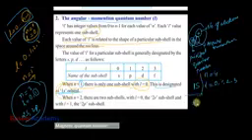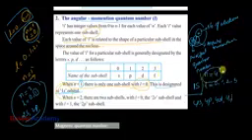N value is 4, so 4 I have written. And then I have to write L here. L value is 0. 0 means it is S orbital. So 4s. In the same way, 1 means P, 4p. 2 means D, 4d. 3 means F, 4f.